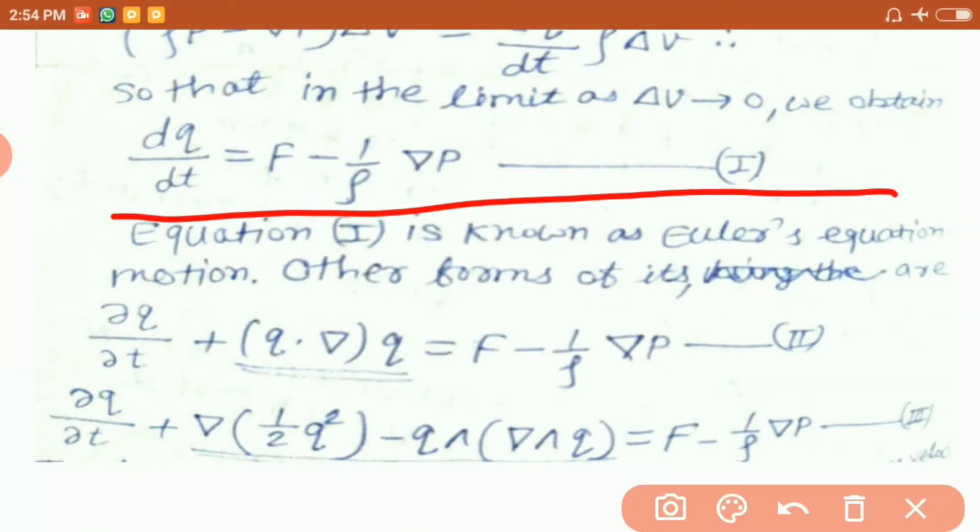This equation is known as the Euler equation of motion.